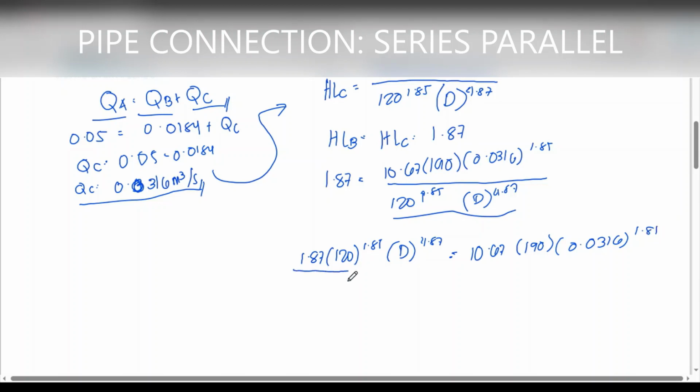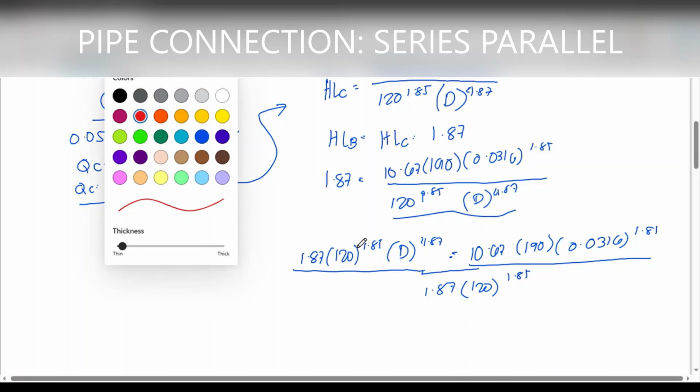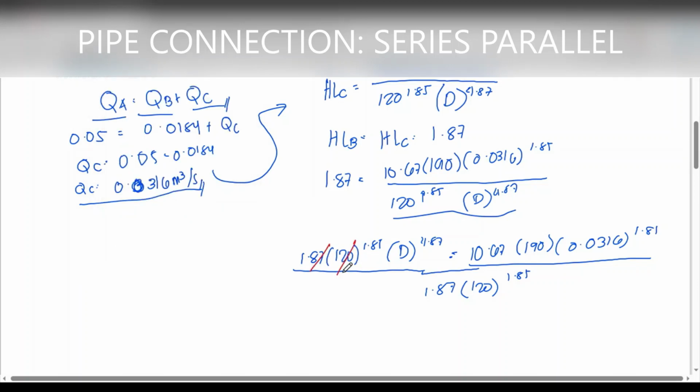Now dividing both sides of the equation by 1.87 times 120 raised to 1.85, we can cancel this one.